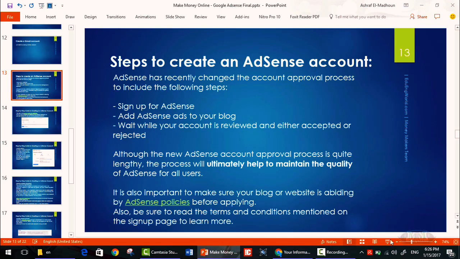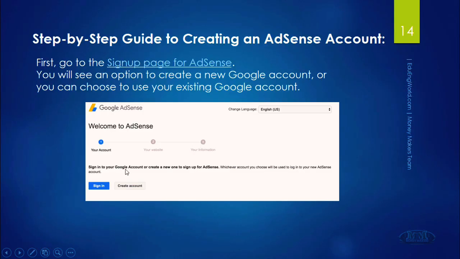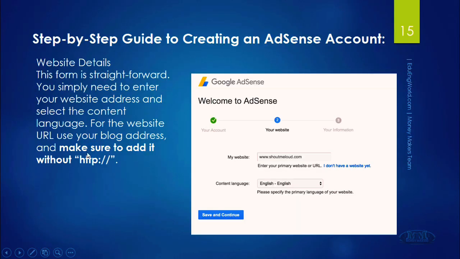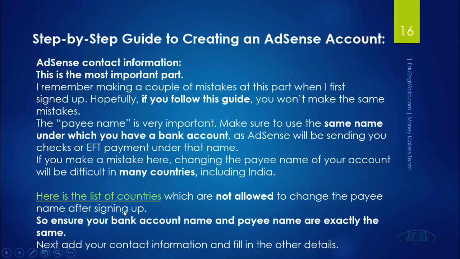Now if we go back here, you will notice that you can add your website domain with HTTP or without HTTP, just the www, just like I did in the previous.